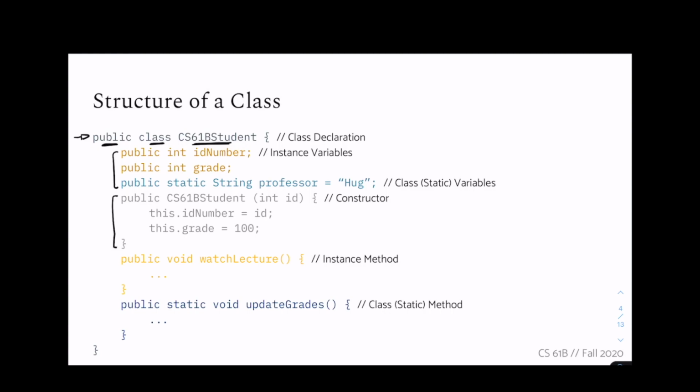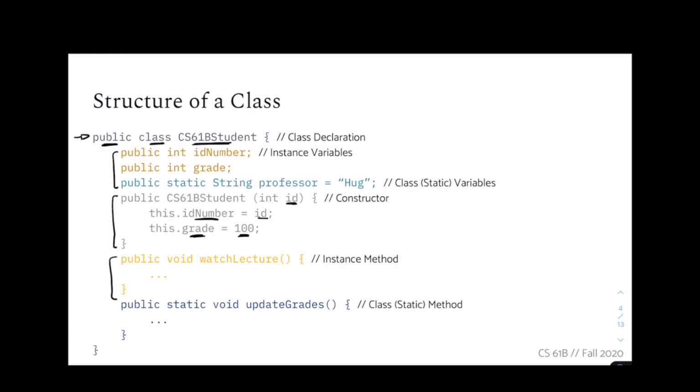That's important. So that's part of the class. The constructor allows you to create each individual student, which is a unique instance of the class. In this case, you pass in an ID, which can be whatever you want, and it sets up the student's ID number to the ID and their grade to the default initial grade, which is 100%.